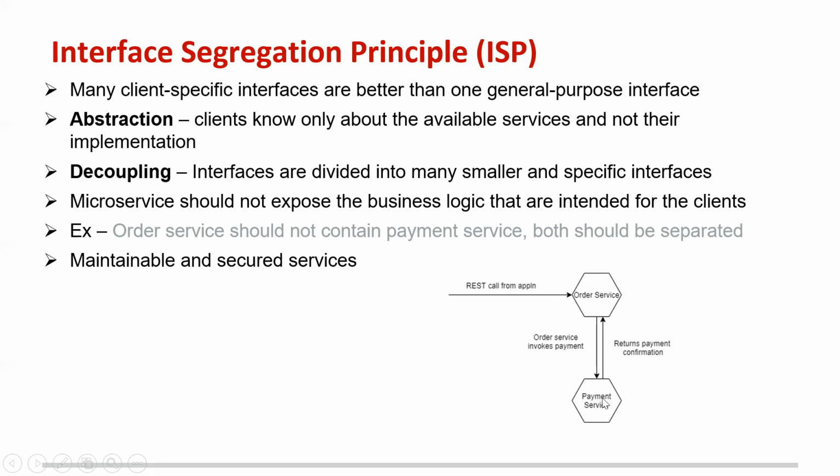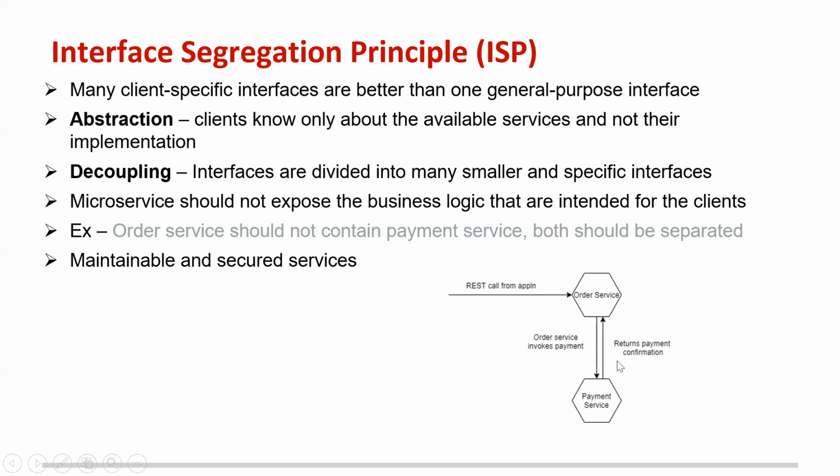And for making a payment, this order service can internally invoke the API of the payment service in order to make a payment for this particular order. In the future, if you would like to modify some of the features in the payment service, we will not disturb the order service, and we will only work with the payment service.